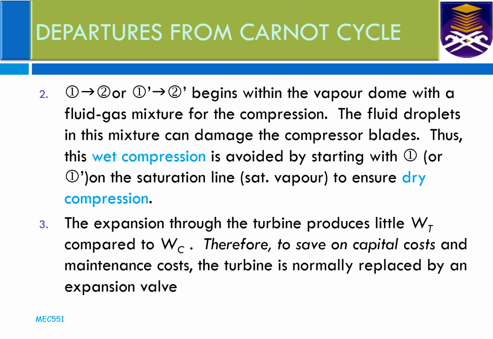Also, departing from the Carnot cycle, the process in the compressor from 1 to 2 begins in the vapor dome with a fluid-gas mixture for the compression. What this means is that the beginning of the compression process happens in the mixing region, where there will be some fluid droplets in this mixture that can damage the compressor blade.